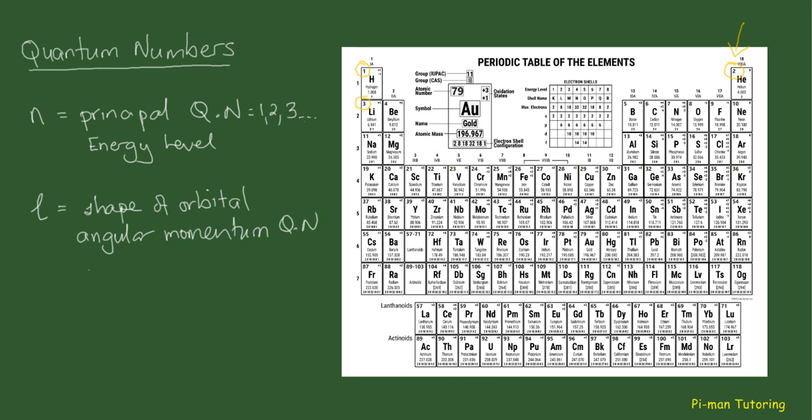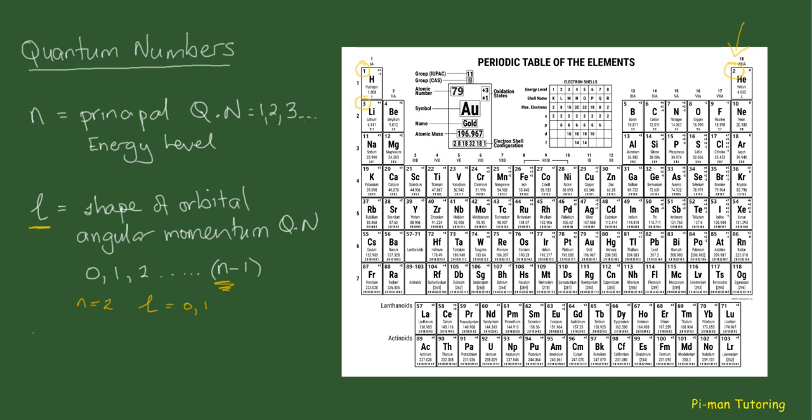And it can take values of 0, 1, 2, all the way up to n minus 1. So notice that depending on which n level you are in, there is an increasing number of L levels available. So for example, if we are in the n equals 2 level for the first quantum number, then we're allowed to have L values of 0 or 1.